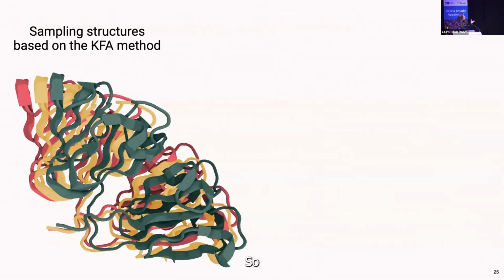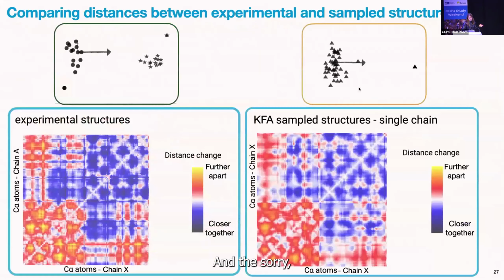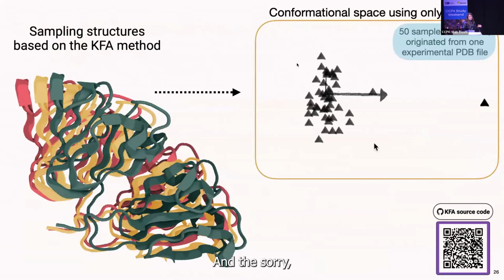So I created 50 sample structures for this example. This is the crystalline that I showed you before in rope. So 50 sample structures originate from one experimental PDB, and the rope conformational space looks something like that.